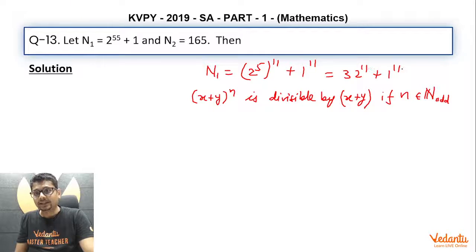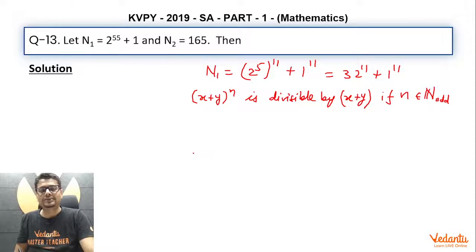So here 11 is an odd natural number, so that means this expression is divisible by 32 plus 1, which is 33. So n1 is divisible by 33. Hence, it is also divisible by 3 and also by 11. That means, HCF between n1 and n2 would at least be 3 multiplied by 11, which is 33. And again, as per options, D is the only correct answer.